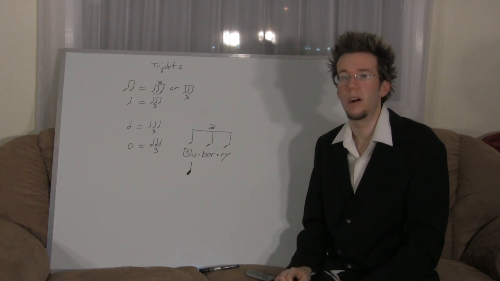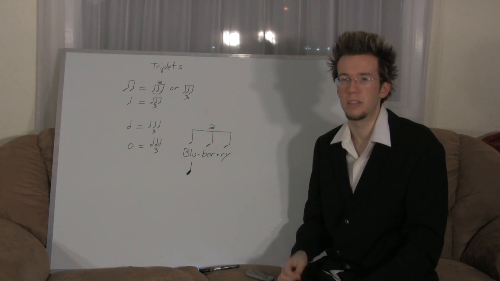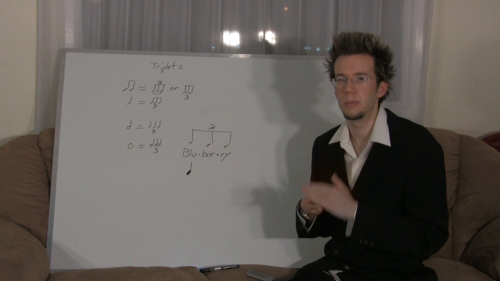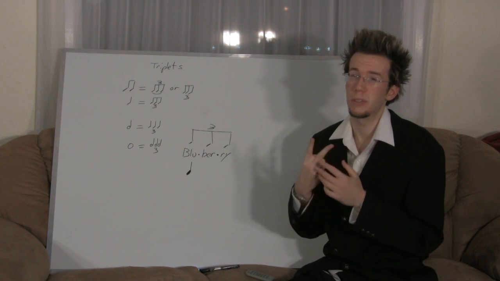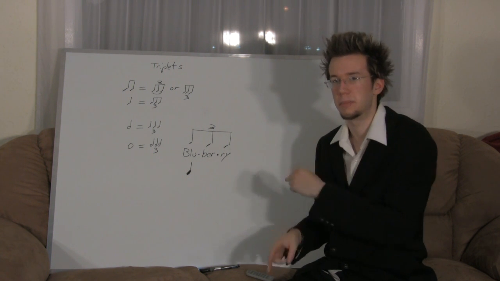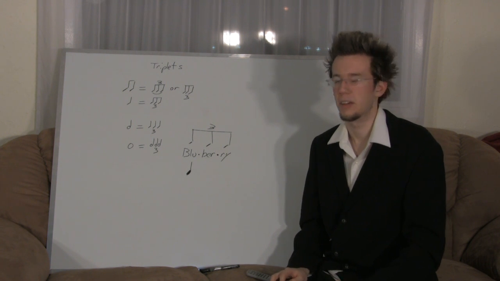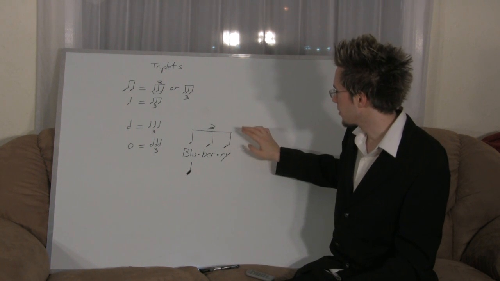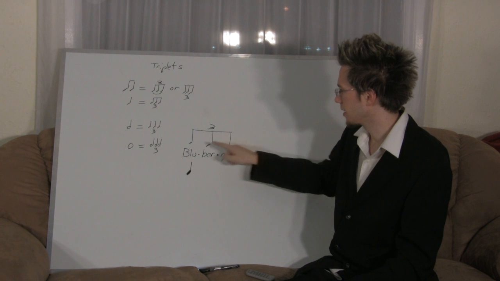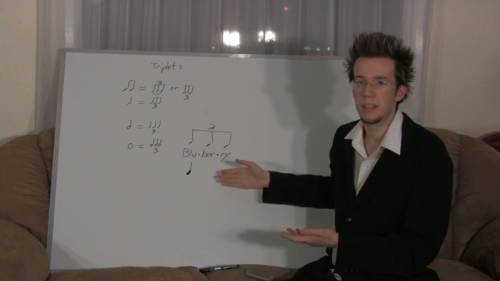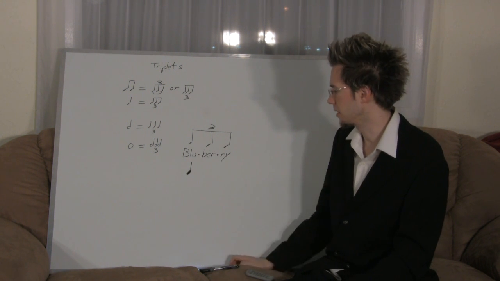That's something we call compound time, okay? It's a group of 3, whereas duple time or simple time is a group of 2. Right after this I'm going to explain that too, and then we'll be done the video. But basically blueberry is triplet. It's a great way to have a triplet that goes with a beat.